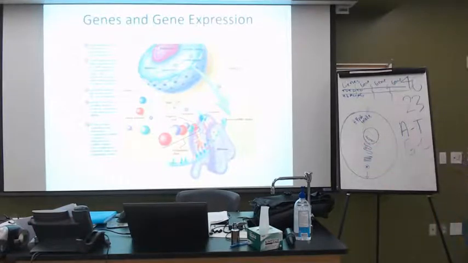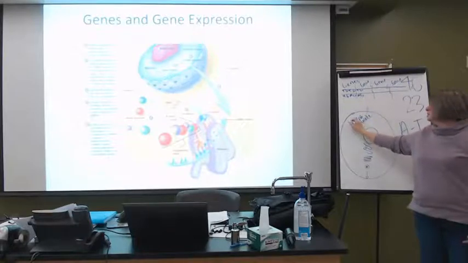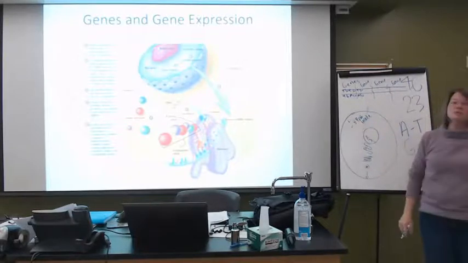The ribosomes have two parts called subunits. One is termed the large, one is termed the small.